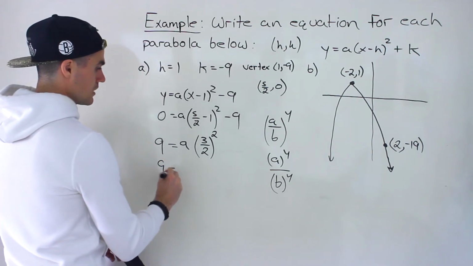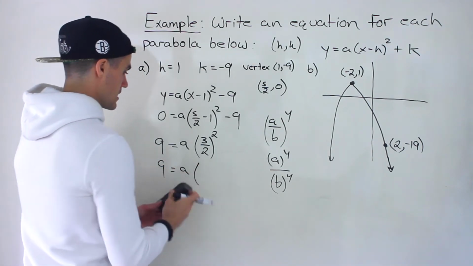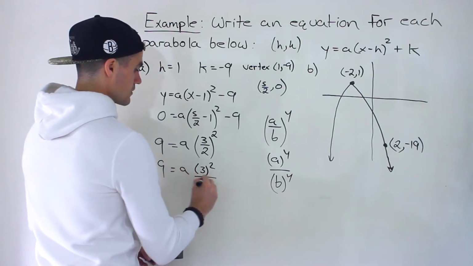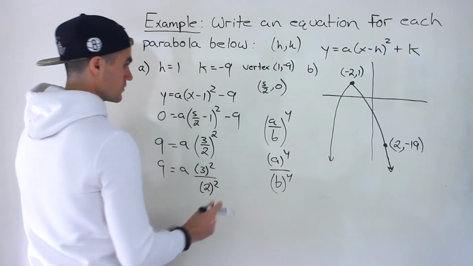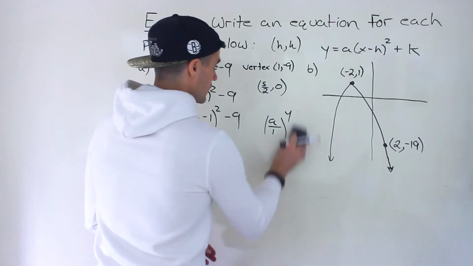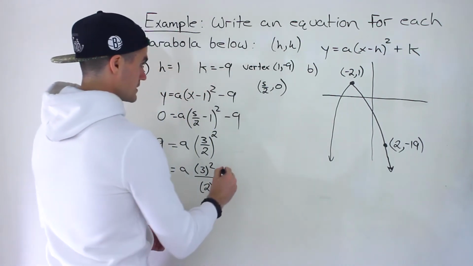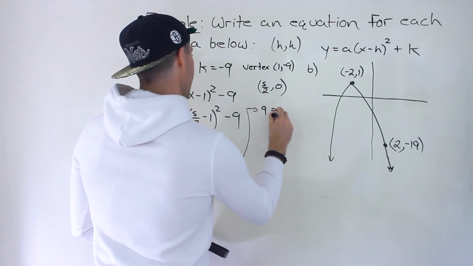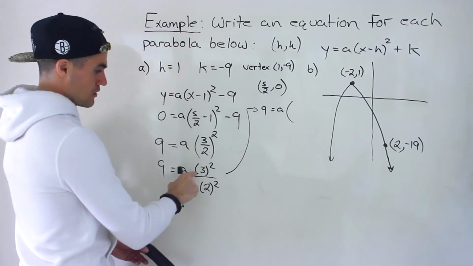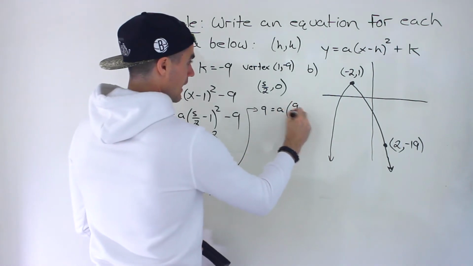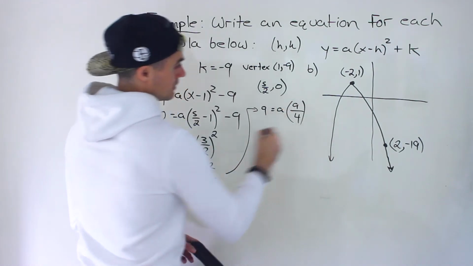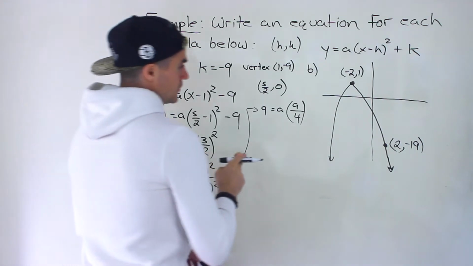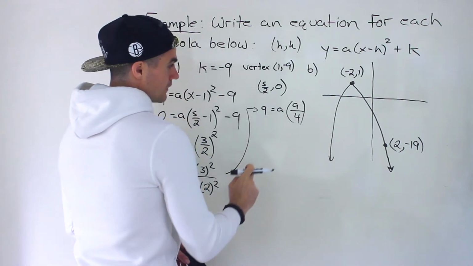So what we can do here is take the 3 to the power of 2, and the 2 to the power of 2. And so we'll end up with 9 equaling a times 3 to the power of 2 is 9, and then 2 to the power of 2 gives us 4. And then we just have to solve for this a value.